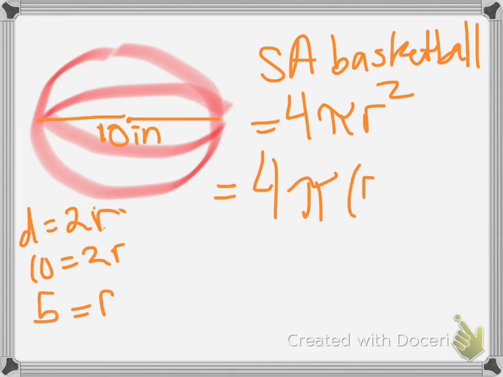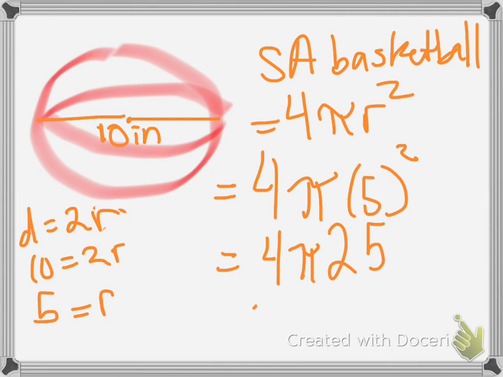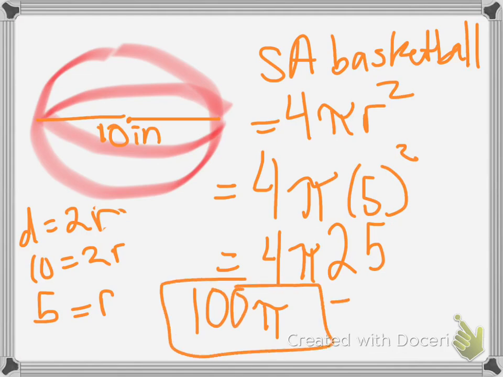So we're going to plug in 5 here. 5 squared is 25, so your surface area equals 4 times pi times 25. So that's simply 100 pi, which you could also multiply out, and you would get about 314. And our unit is inches squared.